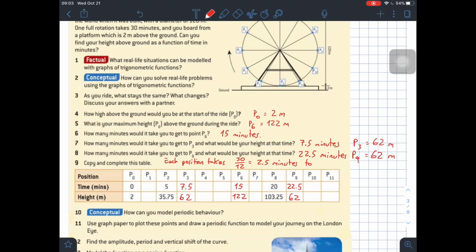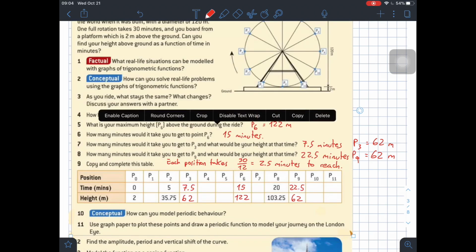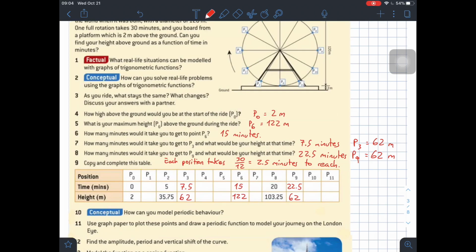That means that if we're at position 0, which is time 0, to get to position 1, we're going to take 2.5 minutes. For position 2, we need to add 2.5 again and we'll get 5, then plus 2.5 and it's 7.5, and so on, right?